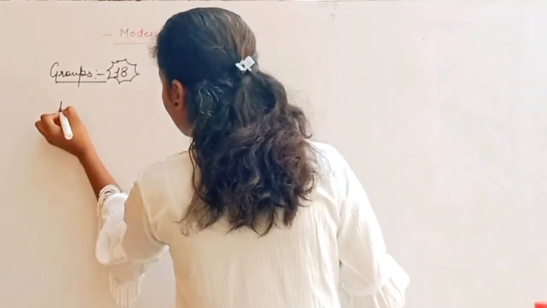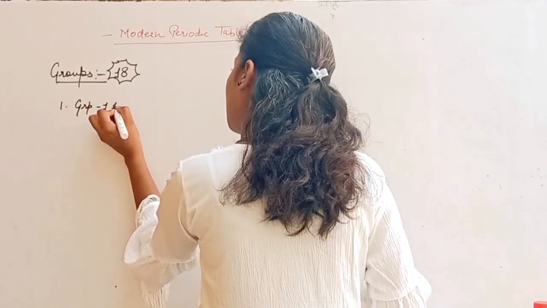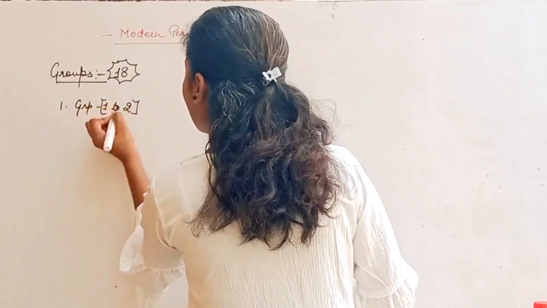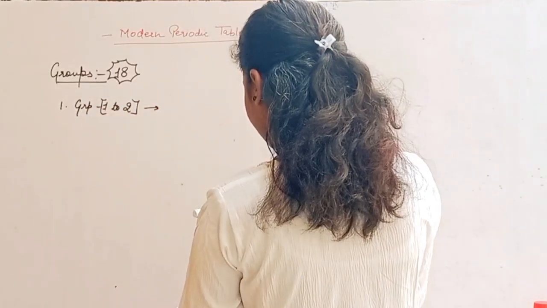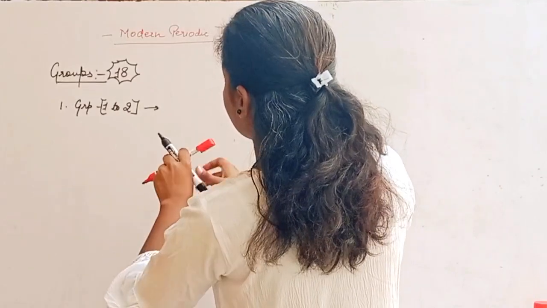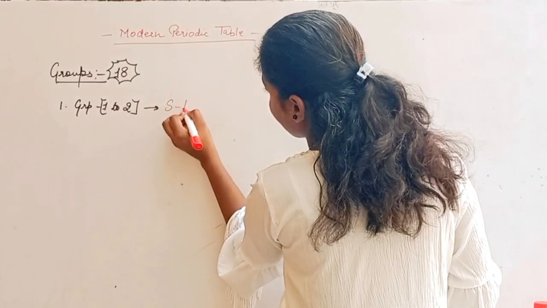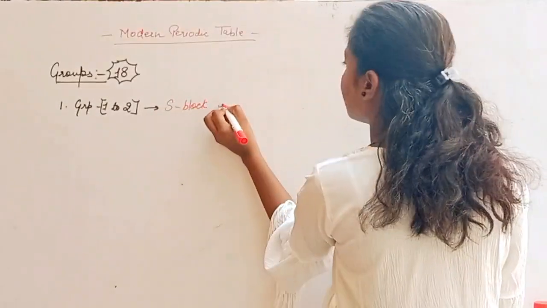First, group number 1 to group number 2 are called S block elements.